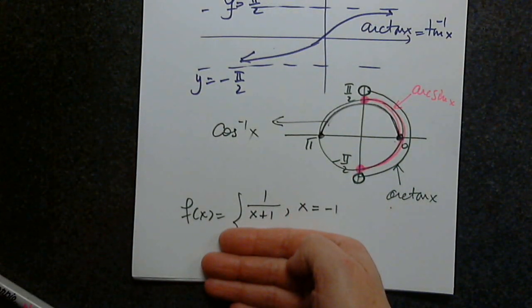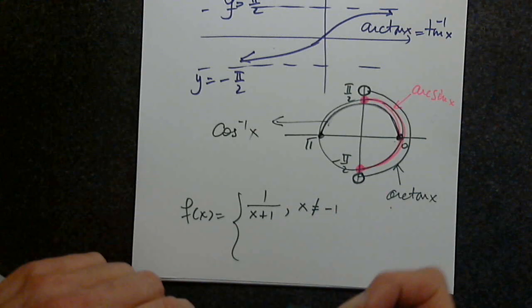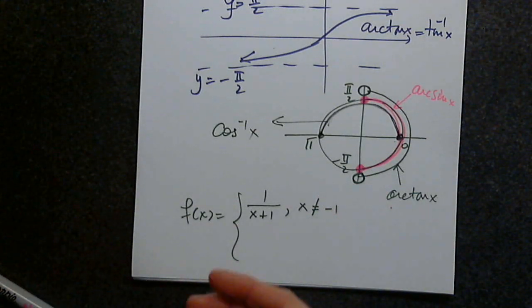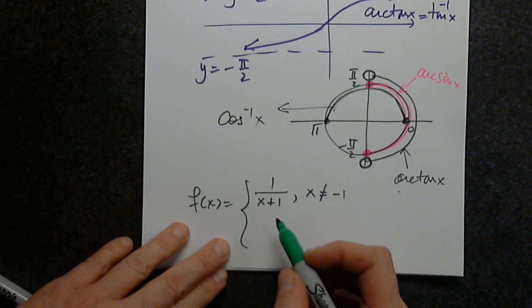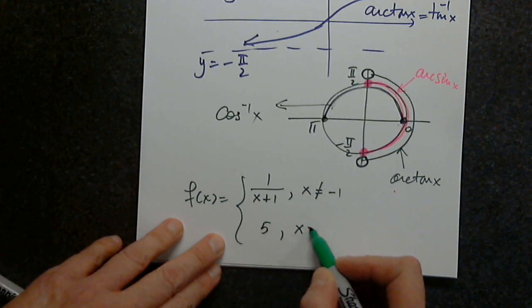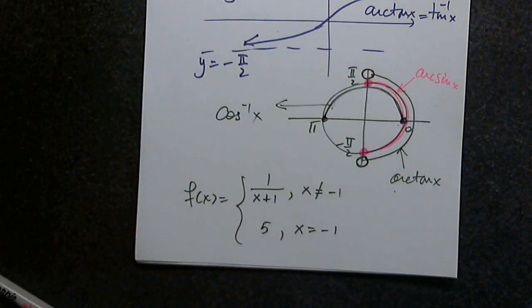Just look at 1 over x plus 1 when x does not equal negative 1. And let's say 5 when x equals negative 1.